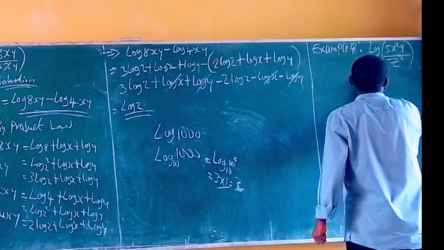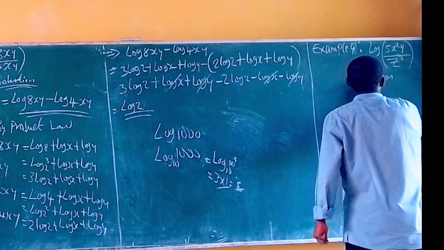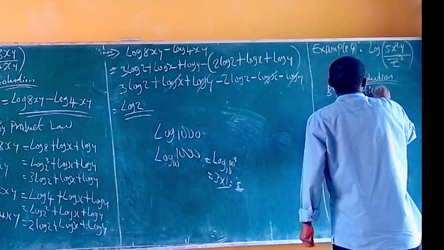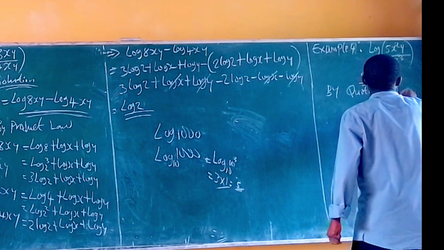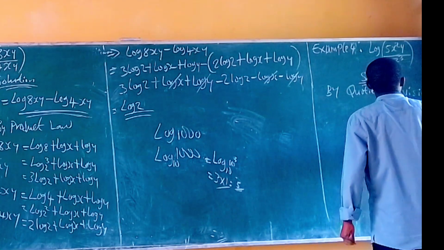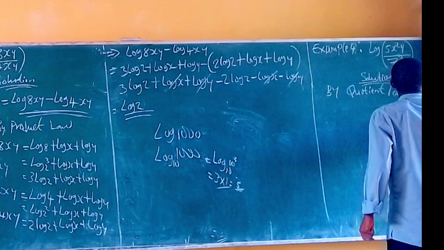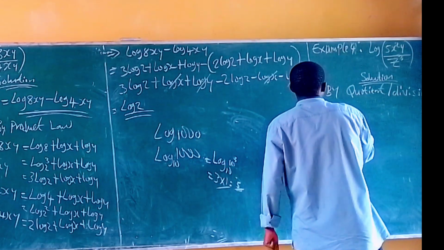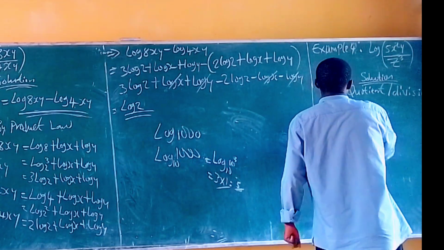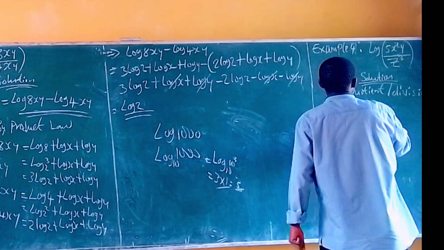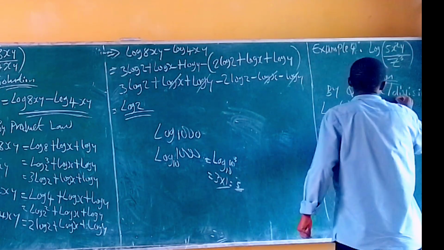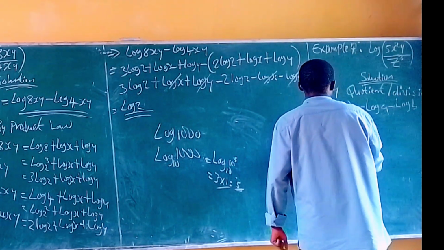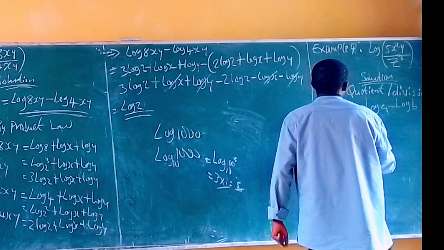Now this one, think about division. We know that log of A over B is log of A minus log of B. So from here, log of what?